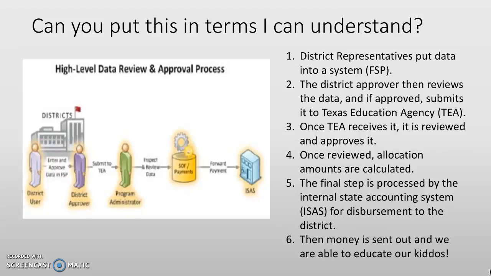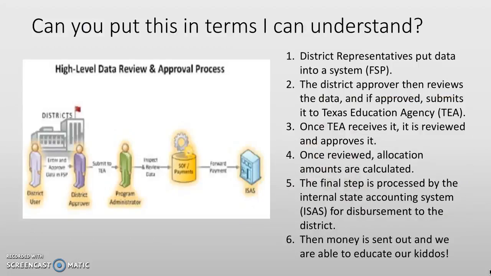Now let's put this into terms that we can all understand in a little bit of a simplified explanation. Basically, data is collected by districts. Superintendents and or CFOs or other representatives are going to collect this data and put it into a system which we know as FSP.